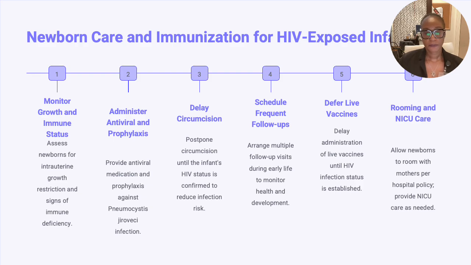So just to continue, newborn of a mother with HIV, let's review immunization and exposures. The fetus that is born of a mother who is positive for HIV antibody should be monitored closely throughout the pregnancy.